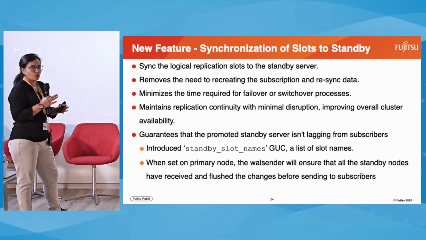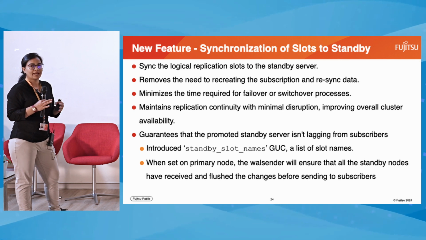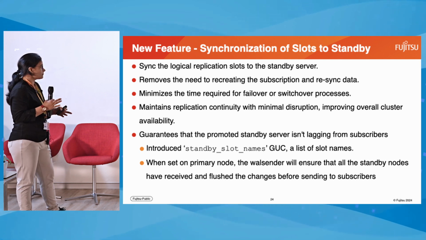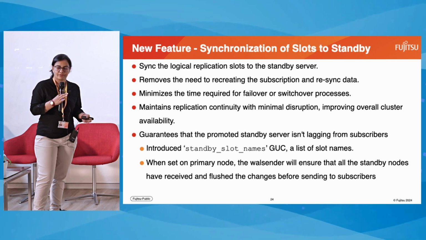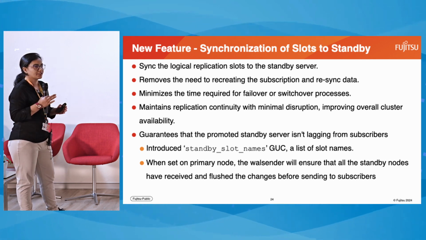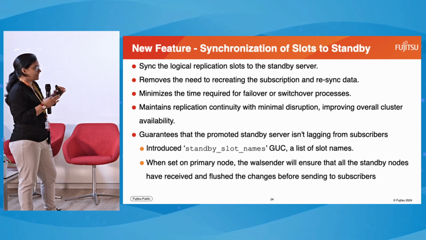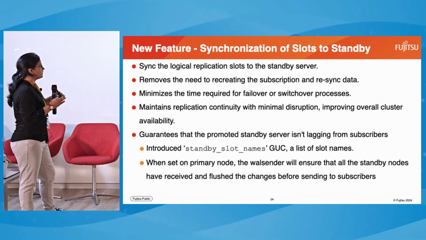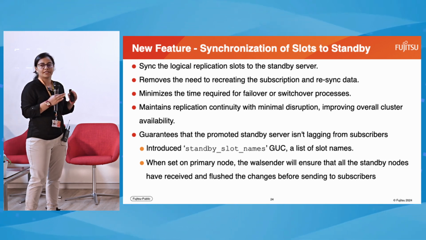So by doing so, it removes the need to recreate subscriptions and to resync the data. By this, it will minimize the time required in failover and will also help in continuing the logical replication with minimal disruption.